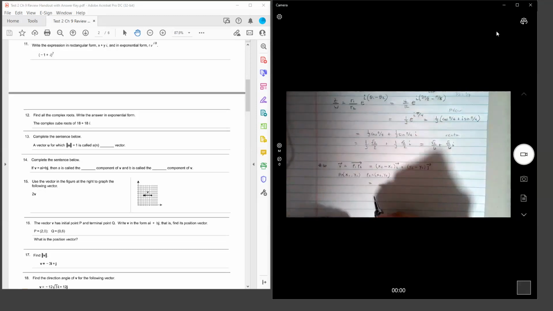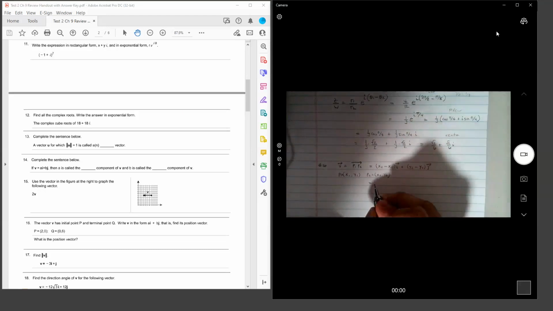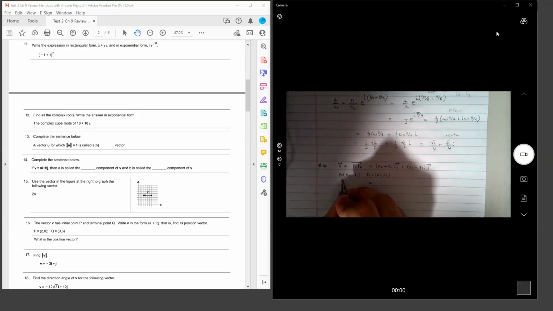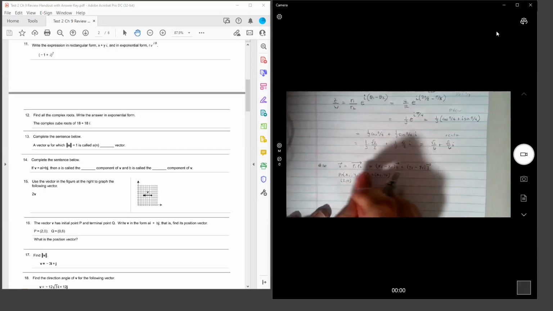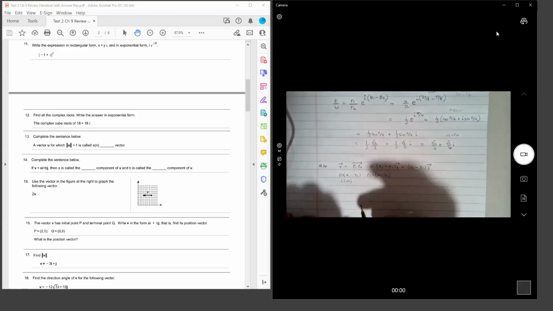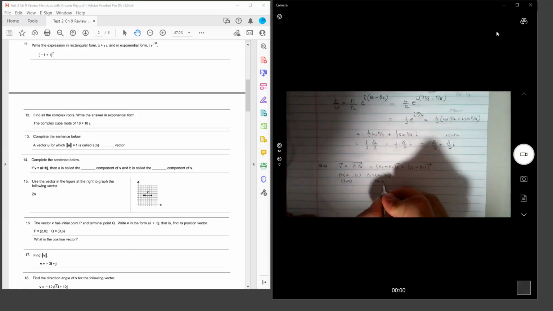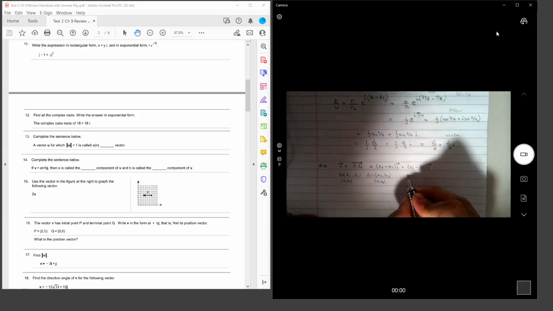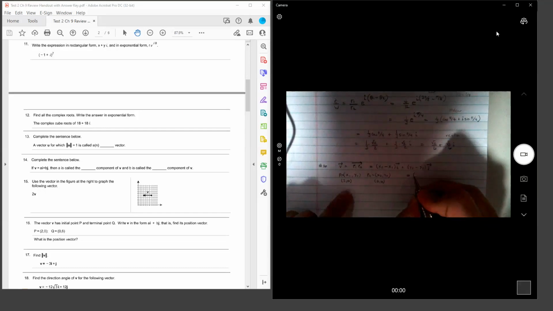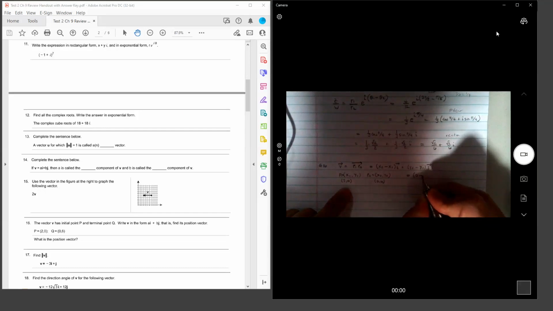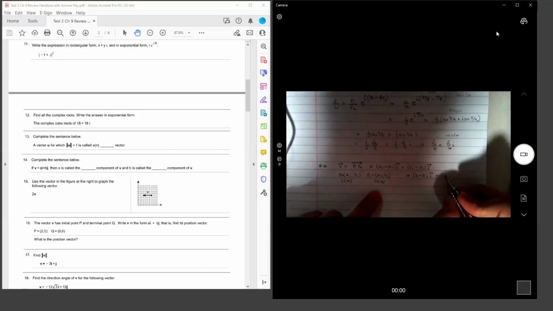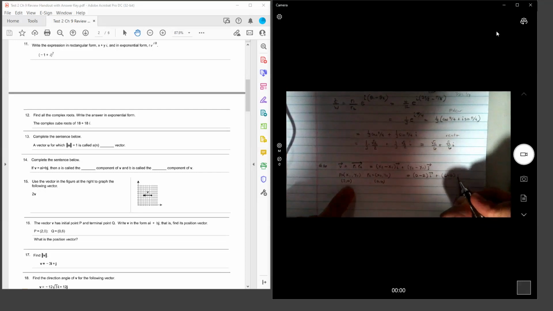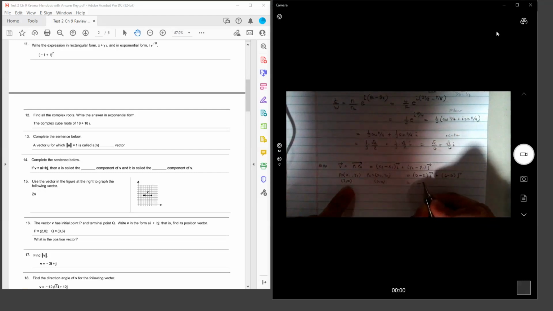In this case, point 1 is 2, 0, and point 2 is 0, 6. Therefore the position vector is going to be 0 minus 2 i plus 6 minus 0 j. So we get negative 2i plus 6j.